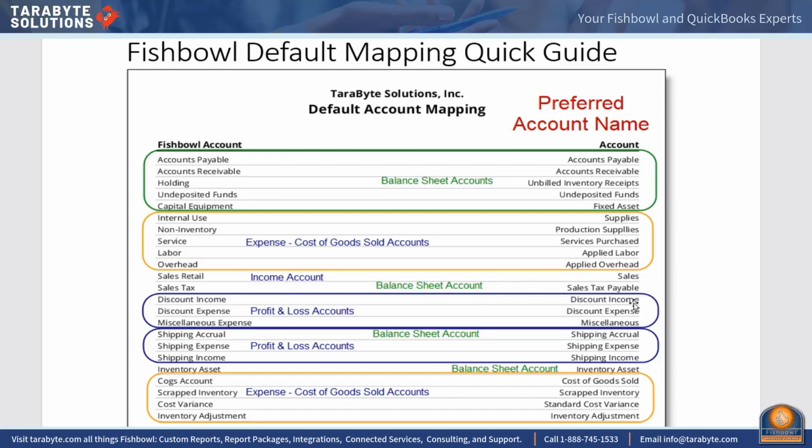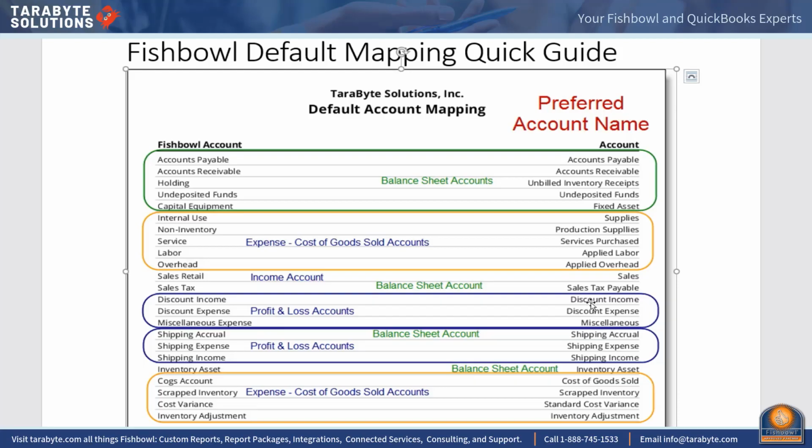Here we have our sales accounts, and then over here we have discount income and discount expense. So these are interesting as they really should be the same account. Fishbowl kind of defines discounts expense as when I offer my customer a discount.